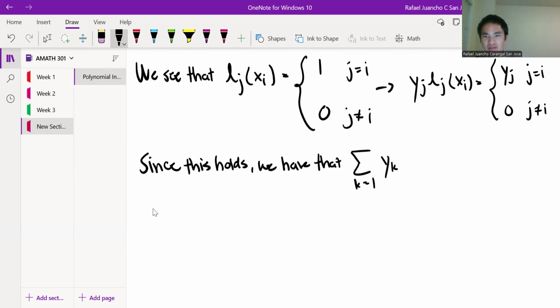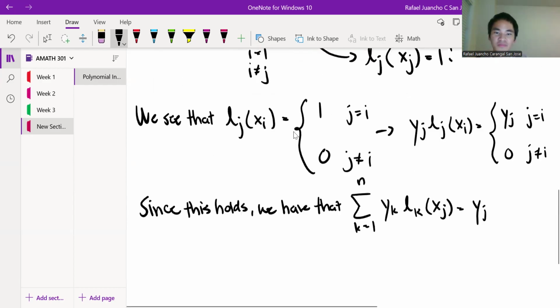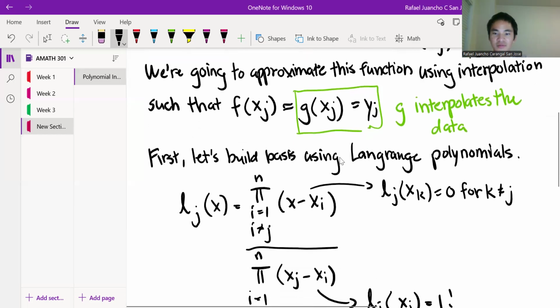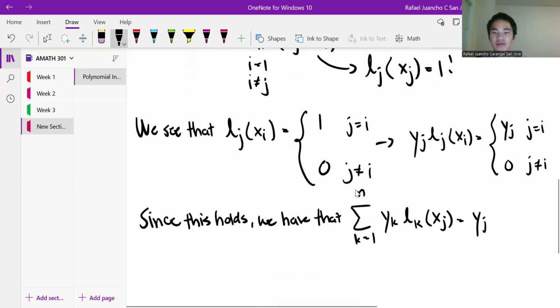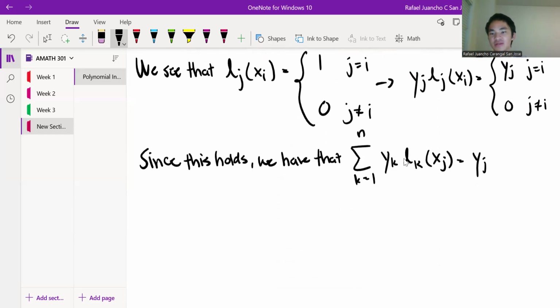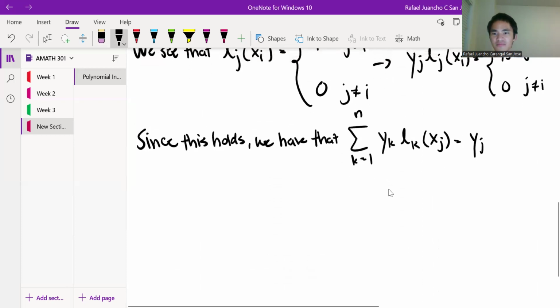So yk Lagrange k xj is going to just be equal to yj. So the idea is I use this Lagrange polynomial function, and then from there I do a summation until I reach some n, and then I'm going to get that value yj, right?